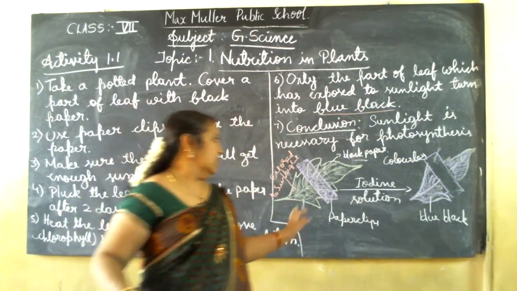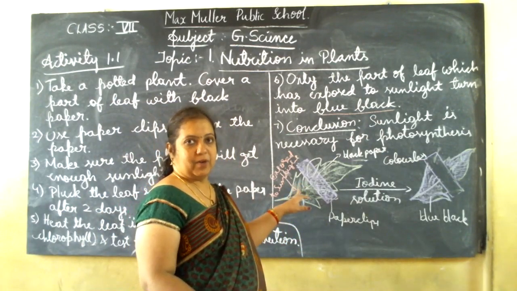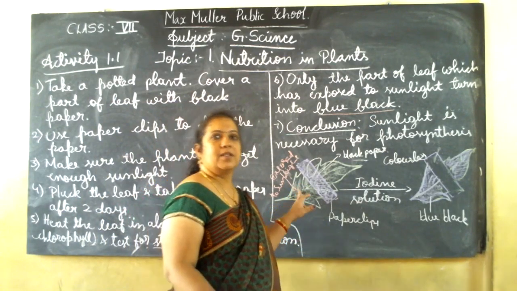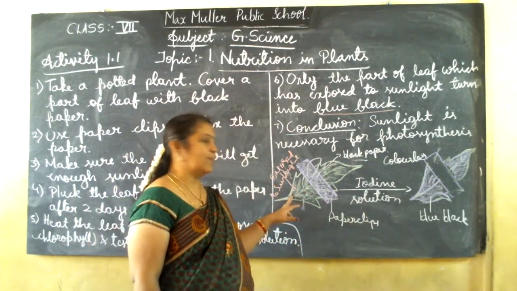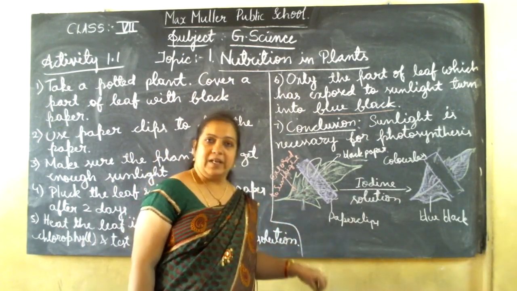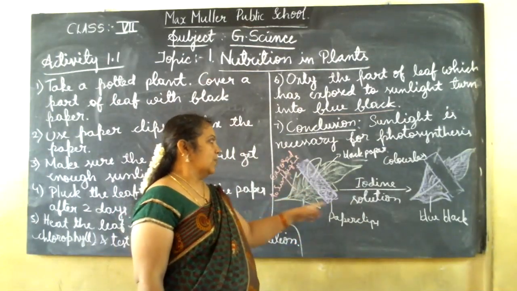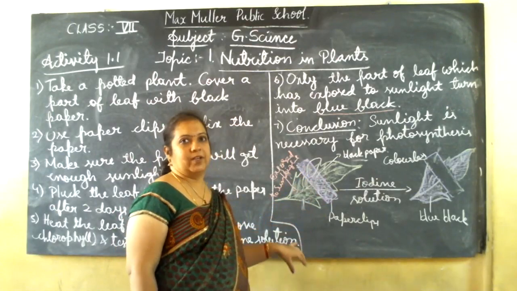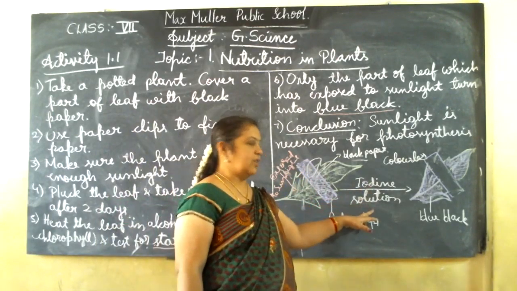So we have taken a leaf from a potted plant. After 2 days, we are removing that leaf from the sunlight, and we are dipping it into the alcohol and boiling. So this part we will remove and boil it. The paper will be removed and boiled. Then we'll add iodine solution to it.